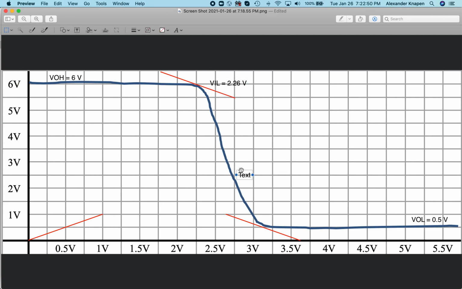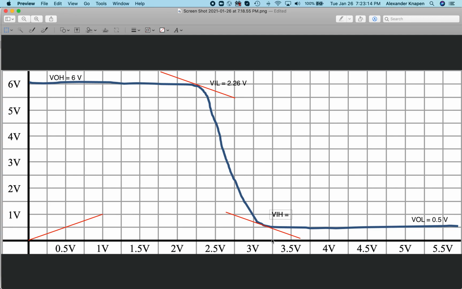Similarly, we are talking about inputs to the second circuit, so we have to look at the x-axis. Here is 3 volts. Maybe let me first define this point. This point describes the minimum output voltage that the first circuit can send to the second circuit that the second circuit interprets as a logic 1, or high voltage. So we can define that as VIH.